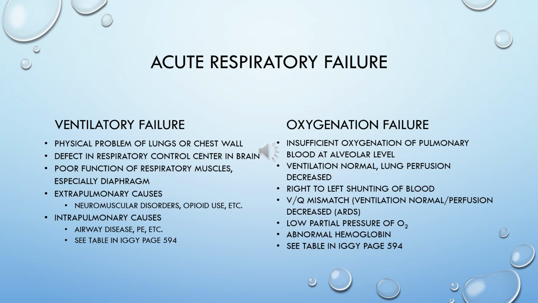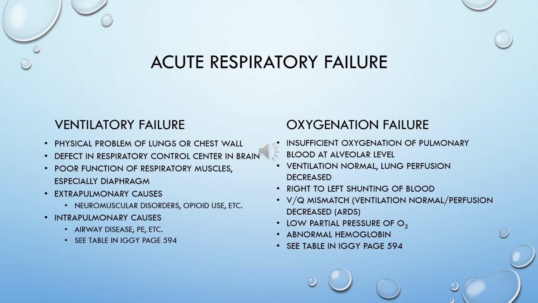Some of the oxygenation failures are just insufficient oxygenation at the pulmonary level, down in the alveolar area. Ventilation is normal, but your lung perfusion is decreased. You may have some shunting of the blood. You may have ventilation-perfusion mismatches going on, things like ARDS.